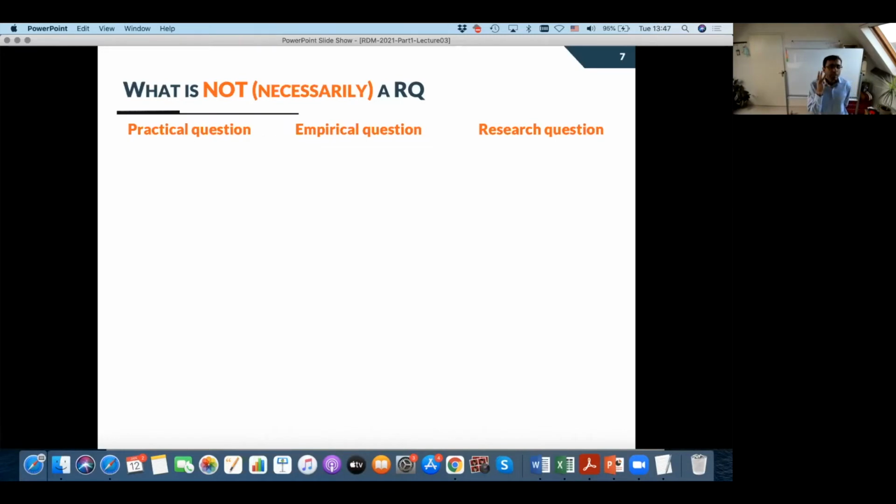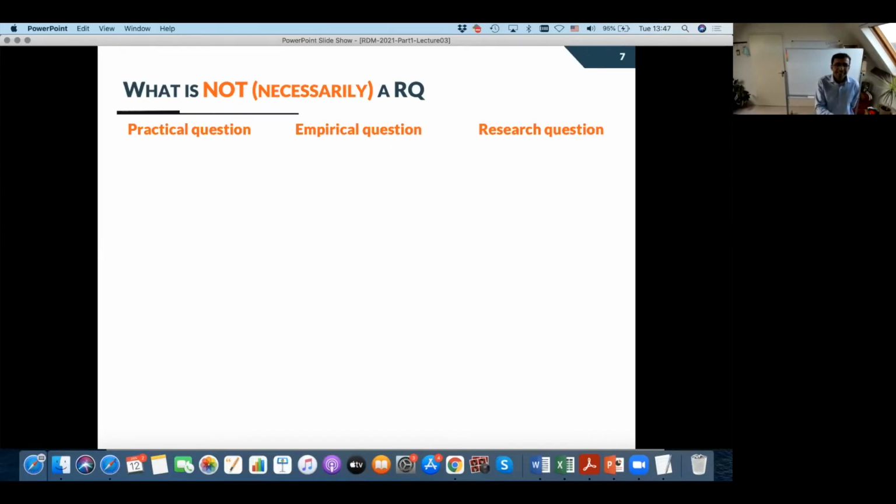There are three different things. Two of them are not necessarily a research question, but very often when you try to write your research question, you start from one of the other two, and hopefully then you can improve it and make it into a research question. The first thing that is very common is called a practical question.